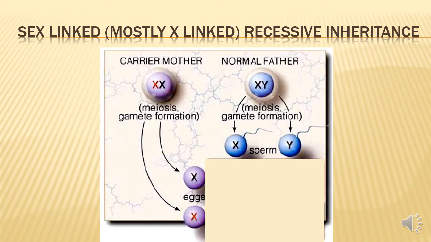So this mother will produce oocytes with either normal X chromosomes or chromosomes carrying a mutant allele. Since this father is both phenotypically and genotypically normal, he will produce normal sperms containing either X chromosomes or Y chromosomes.